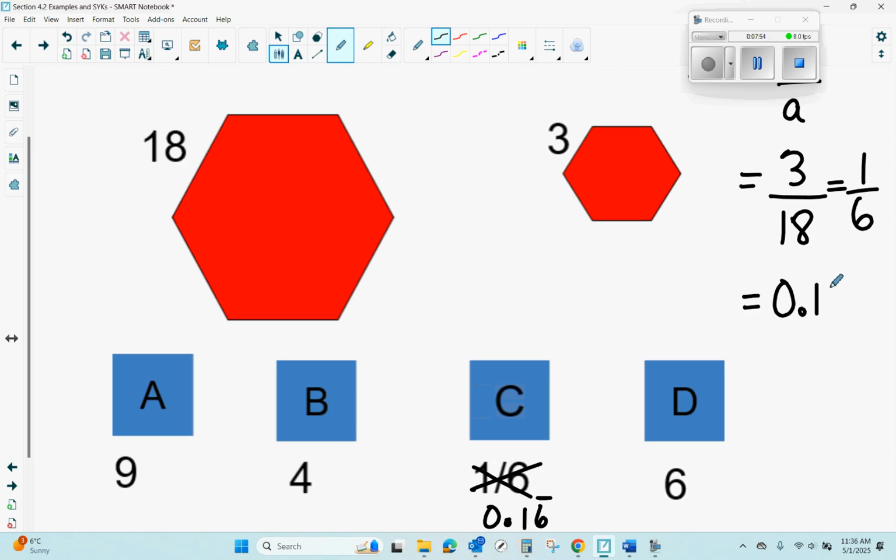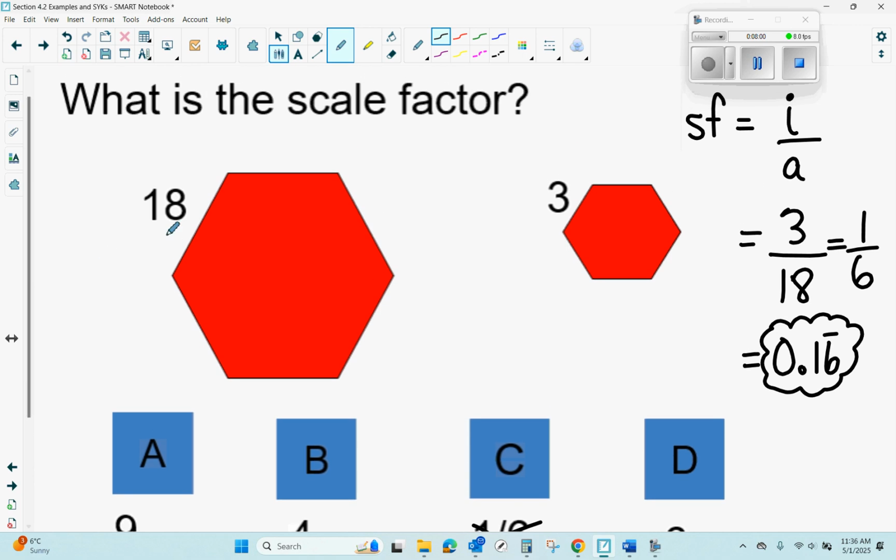Okay, that is our scale factor. That means you would take any dimension on this first picture and multiply it by 0.16 repeating to get the dimension on the second figure.